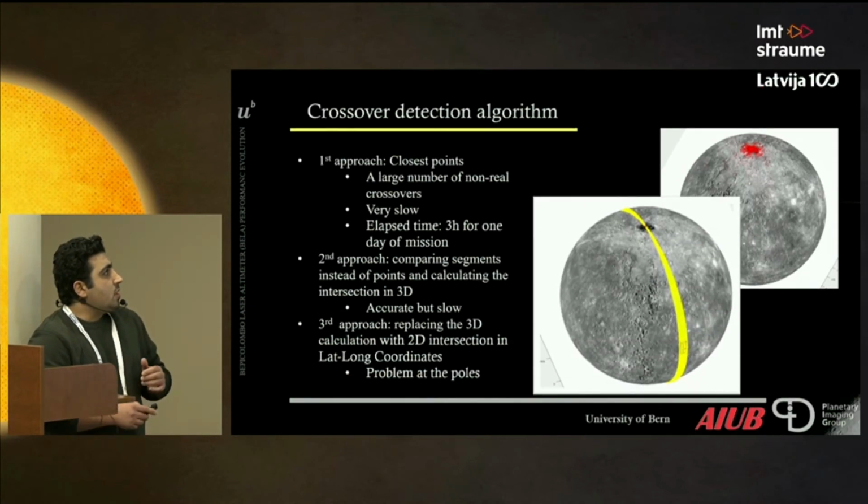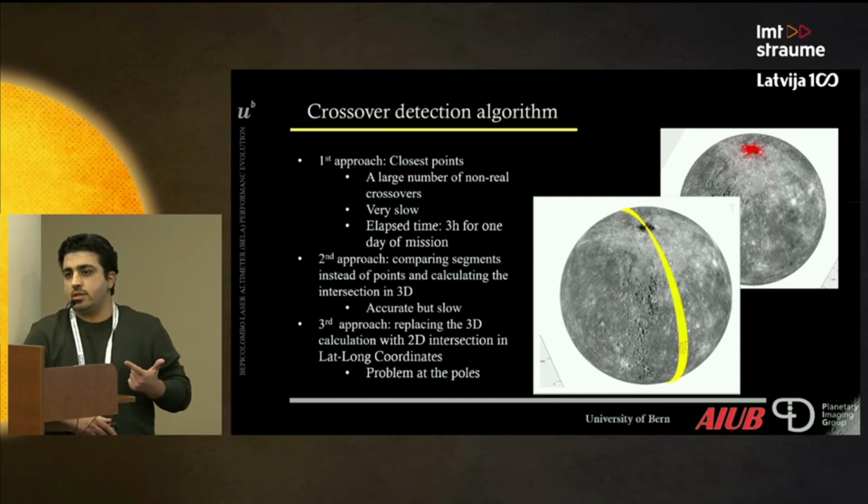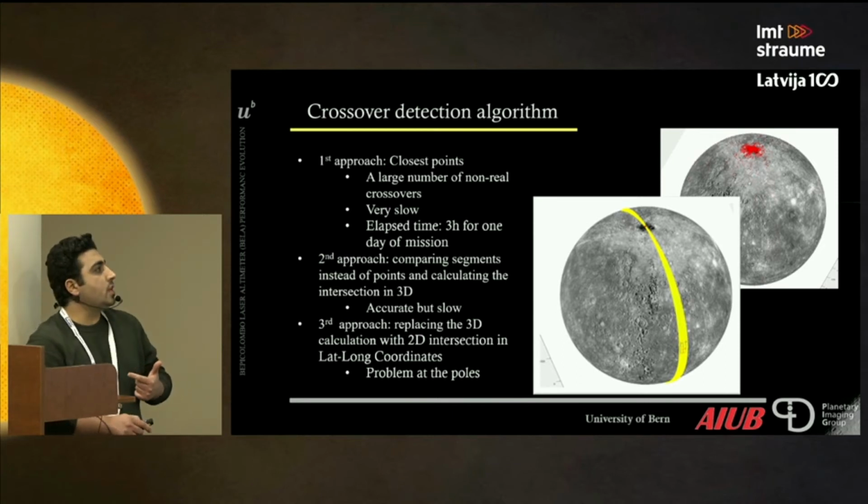We wrote a code to calculate these positions, and it was a hard task because the code has to be fast and accurate, and because we have to run it several times during our orbit reconstruction. So I used several approaches to finalize my code.